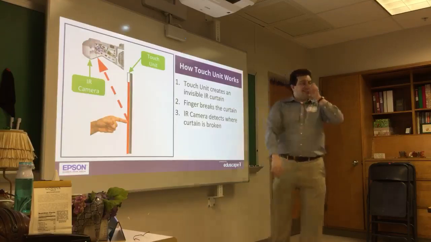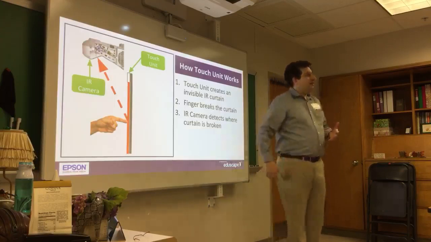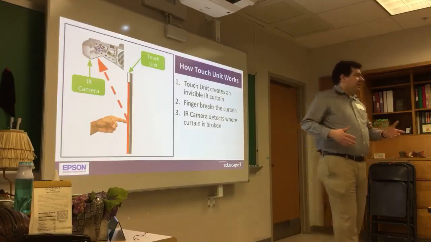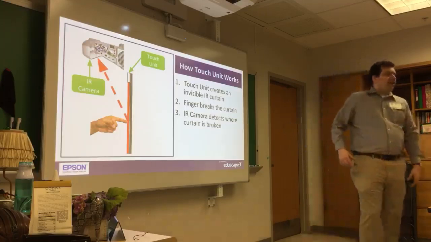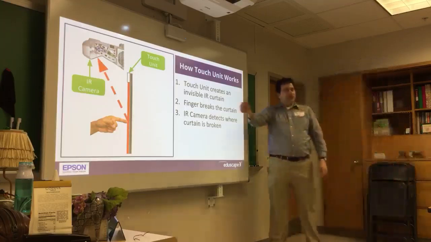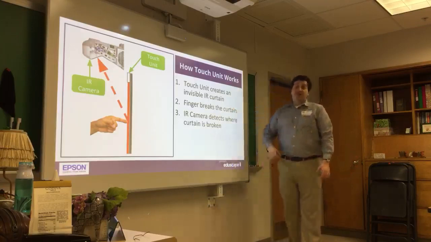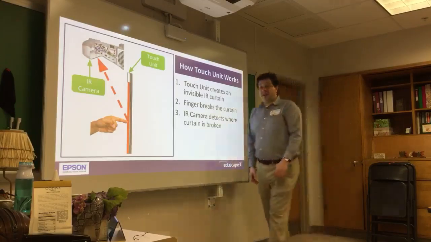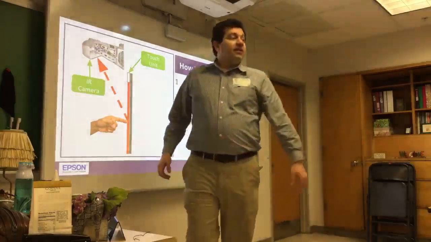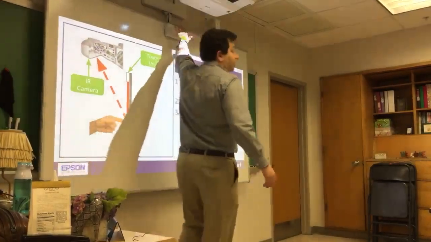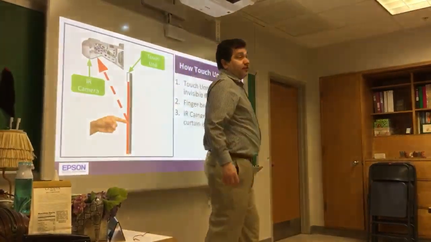Just kidding. That can happen. Generally, like engagement rings and wedding rings, I haven't seen too many troubles, but when people wear those really long bracelets that jangle around, I've seen that issue before. If you're having reports where people are just walking by the board and it's doing stuff, this means that this touch unit is not installed correctly and it needs to be reinstalled.